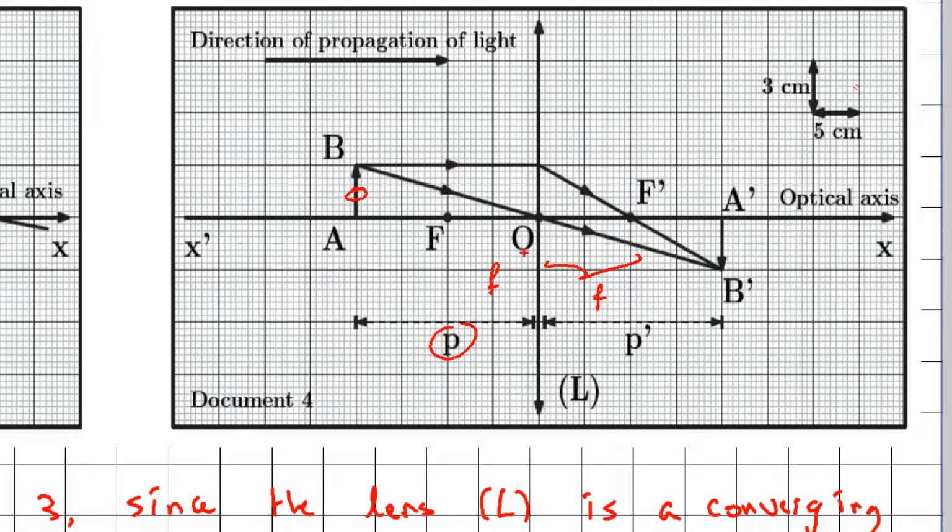So this is also equal to the focal length. So in this case, P is equal to the double of the focal length. So now the object AB is being placed at the distance P, which is the double of the focal length. So here the focal length is given by 2 divisions. So in this case, the object AB is being placed at a distance of 4 divisions away from the lens.